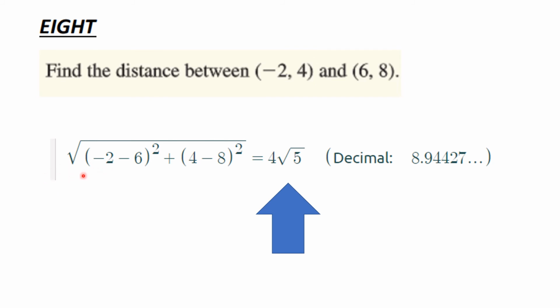D is equal to the square root of the difference between the x coordinates squared plus the difference between the y coordinates, whole squared. You do all that arithmetic and you get this as the exact answer. Now I always do have a calculator, and if you write the exact answer and don't do it exactly the way I write this, I will check to see if you have the right exact answer.